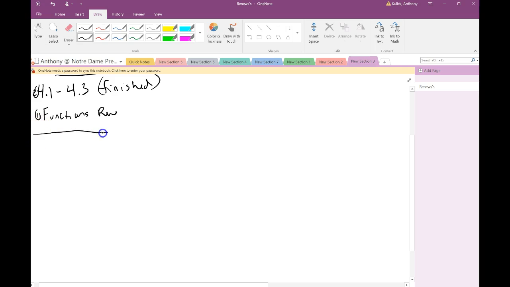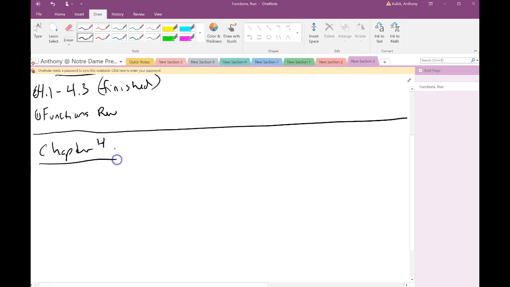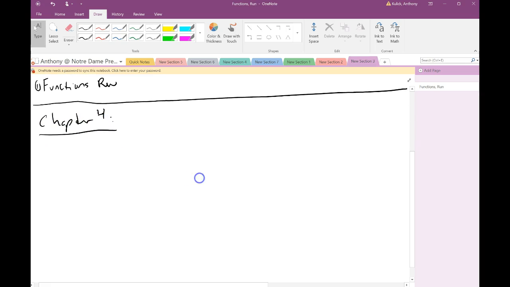So I'm going to just kind of sketch through, starting in chapter 4 with these chapter 4 ideas. You guys hopefully remember from geometry, you did some right triangle trigonometry, right?